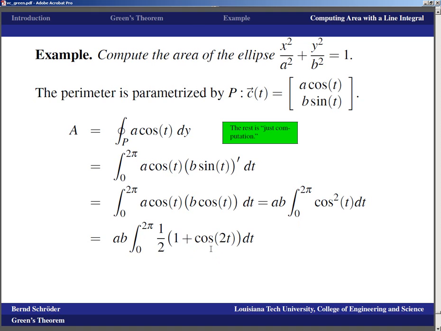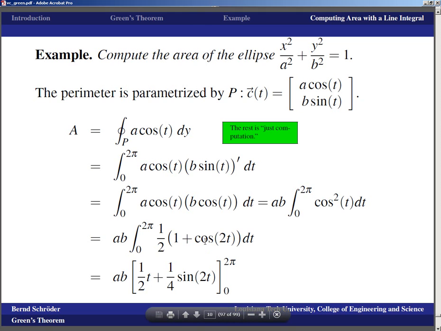And of course, this is now quick to integrate. We have ab times the integral of 1/2 times 1 is 1/2 t. The integral of cosine 2t is 1/2 sine 2t, and with this 1/2 you get 1/4 sine 2t.